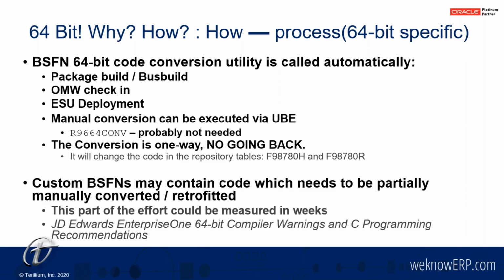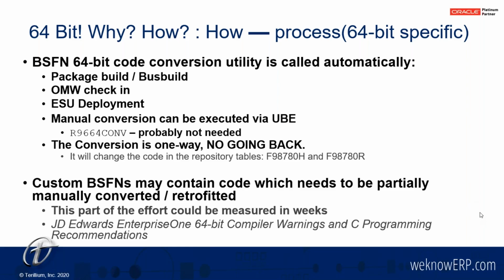Remember, like we said, custom business functions could contain code that needs to be at least partially manually converted and retrofitted. In other words, stuff that is going to flummox the automated conversion routine. Okay, in this code search research, again, it's a standard effort that probably is going to be time frames of weeks.